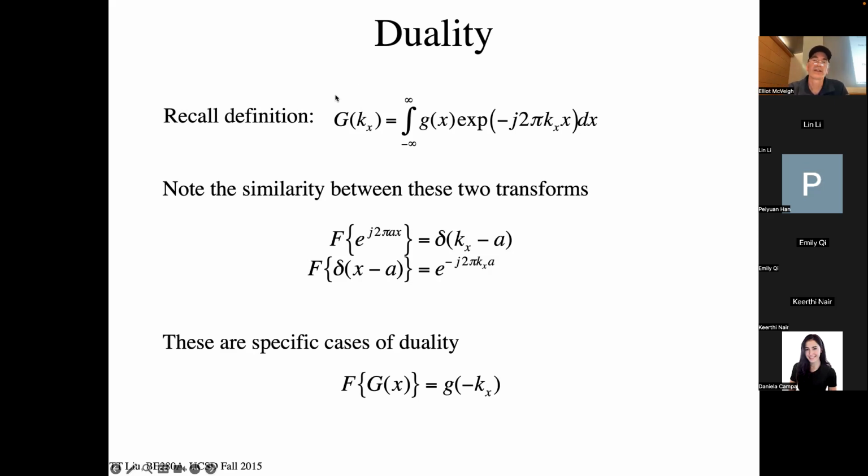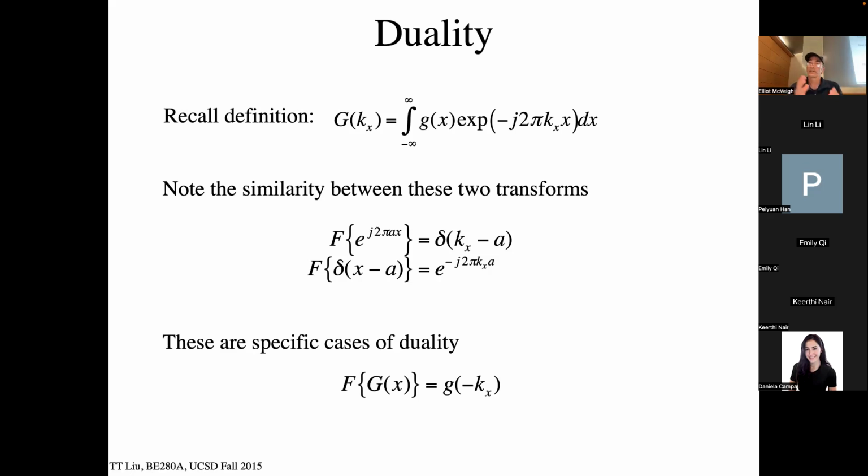If I take the Fourier transform of this function, so let's do that down here, I've put x in here instead of kx, but it's just a function of an independent variable. Take the Fourier transform of that thing, and I get my original function back, but flipped around the origin.